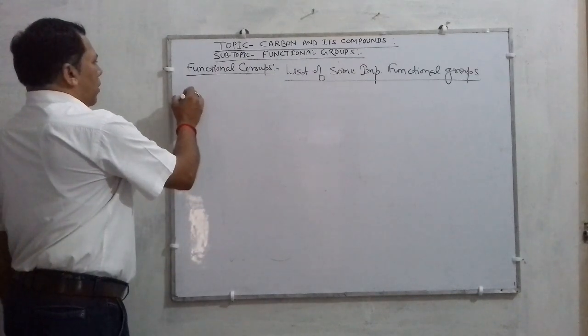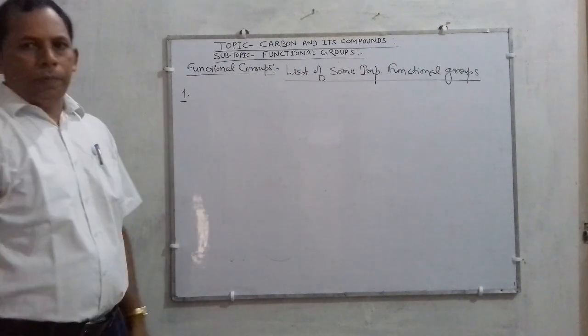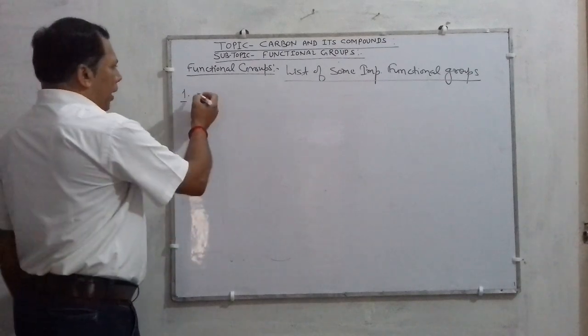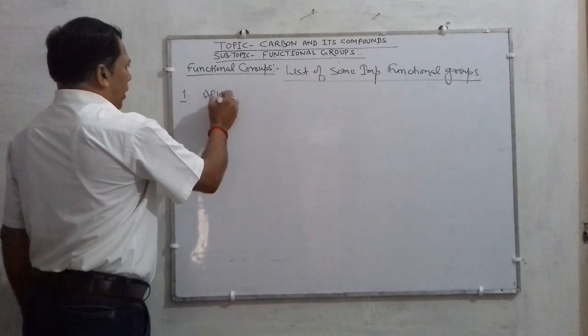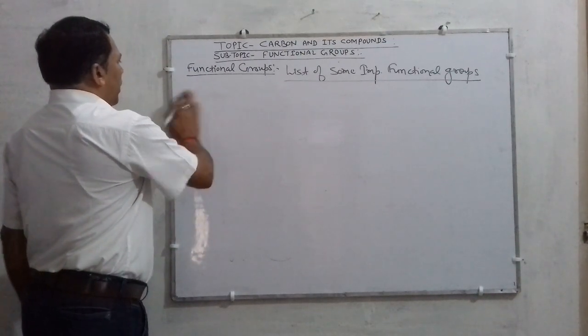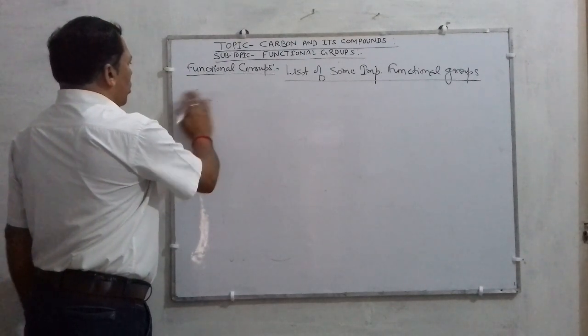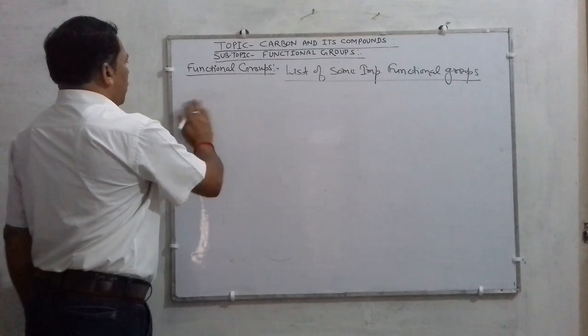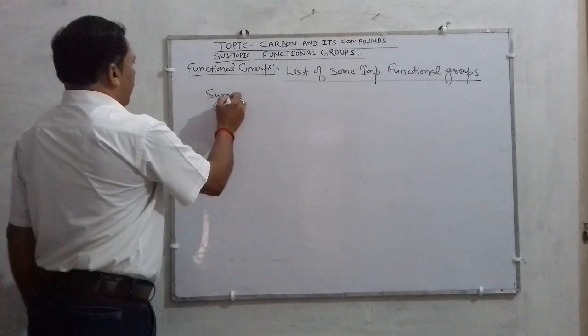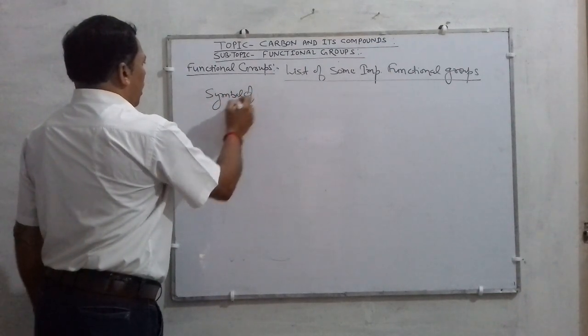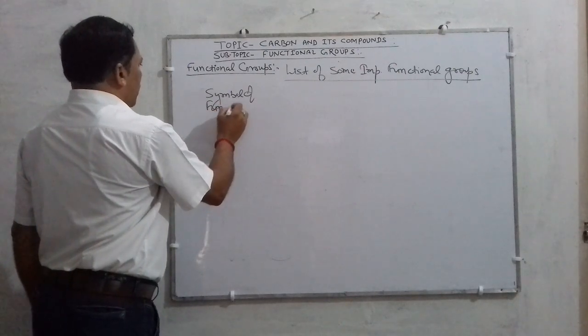Suppose our first functional group that I am going to represent is the saturated hydrocarbon, that is alkane. So make columns here. Firstly, children, write the symbol of functional group.